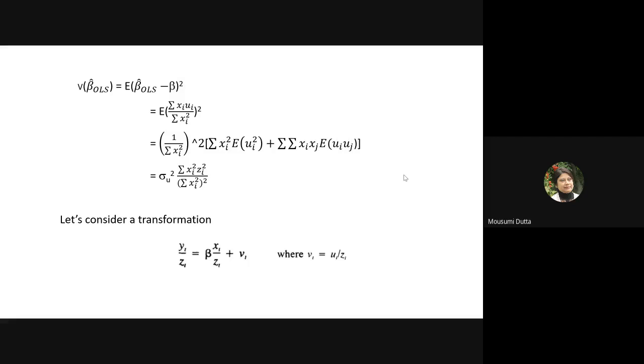In that context, we have to use the generalized least square (GLS) technique. In that case, we have to apply generalized least square GLS technique.